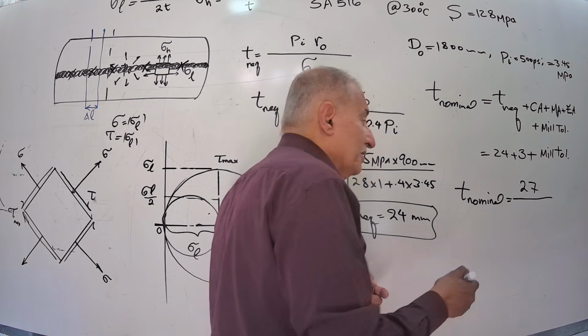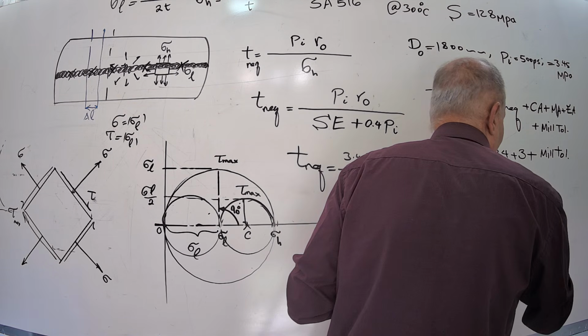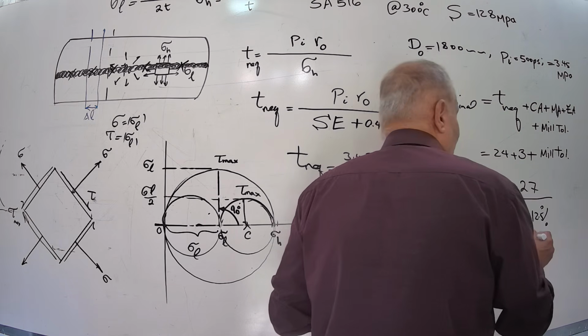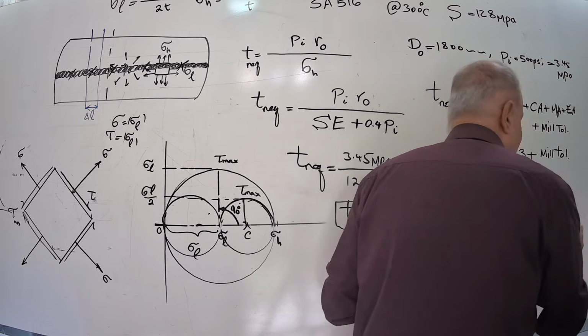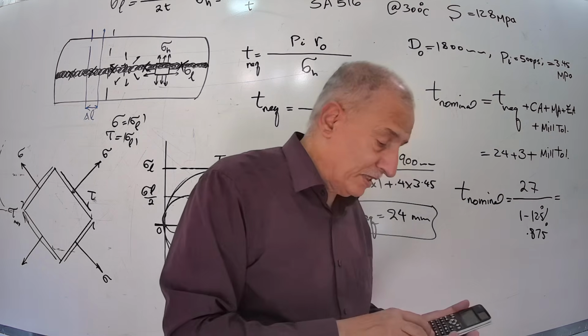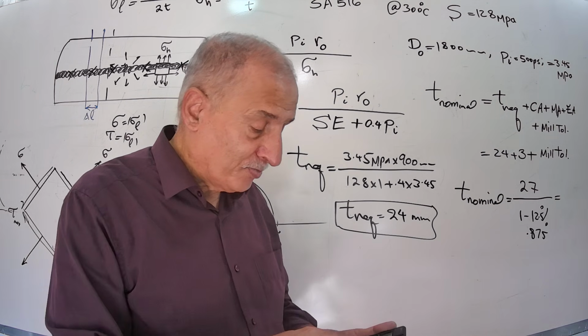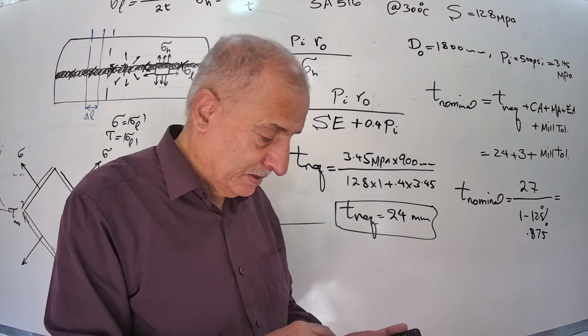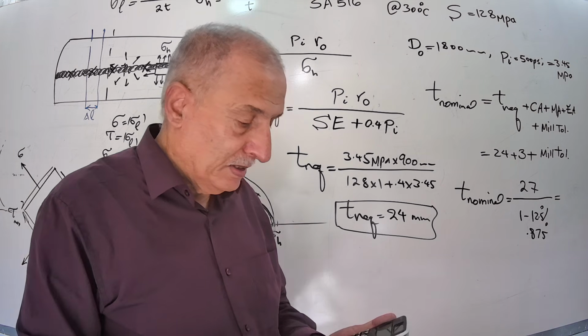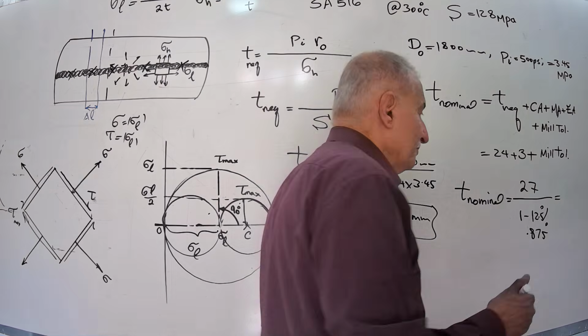I have to divide it by one minus my tolerance, which is 12.5%, which is 0.87. 27 divided by it is actually 30.85.